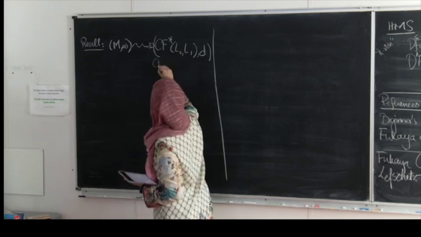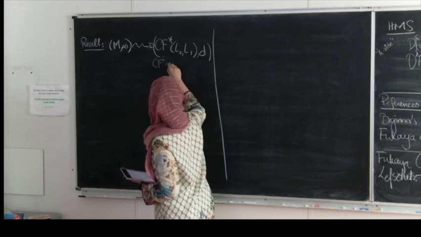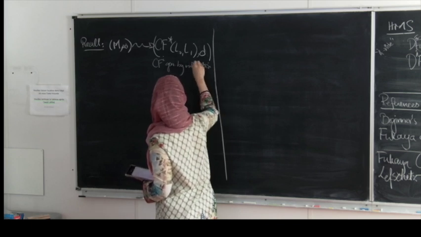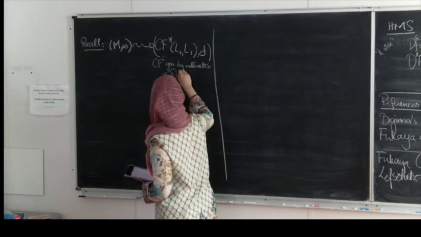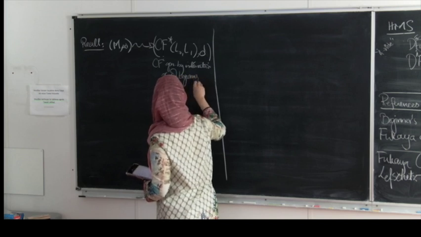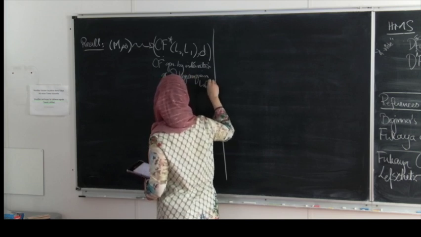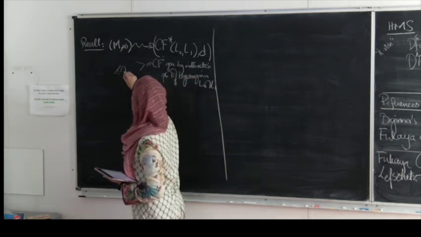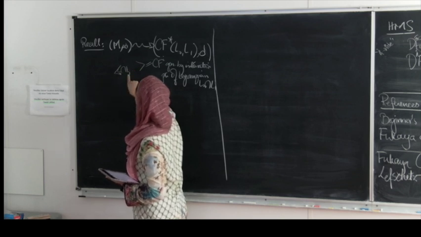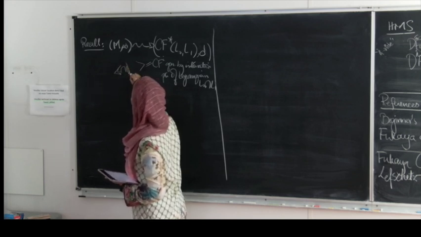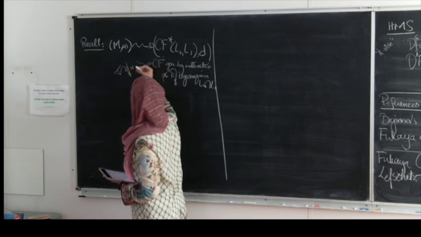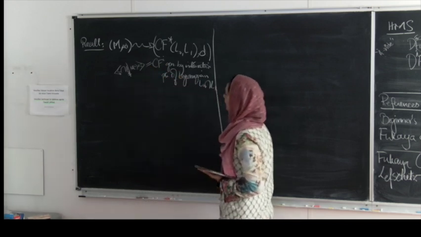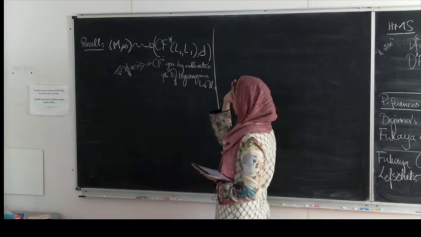Here, each CF^i is generated by intersection points of Lagrangians L0, L1. So in short, it's generated by the intersection points of L0 and L1 such that the index of those points equals i. That's the i-th graded piece in this complex.